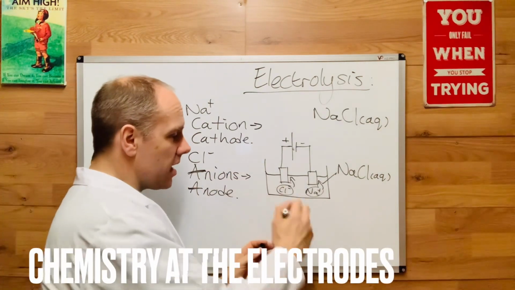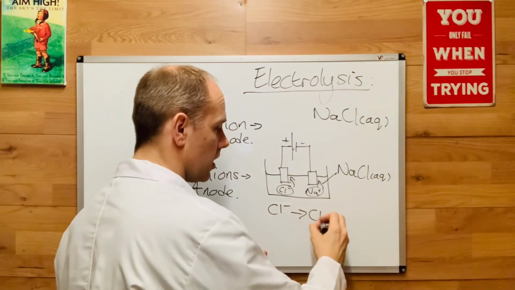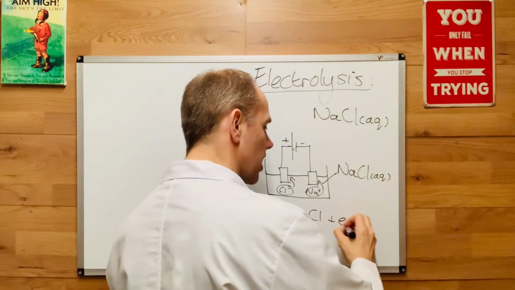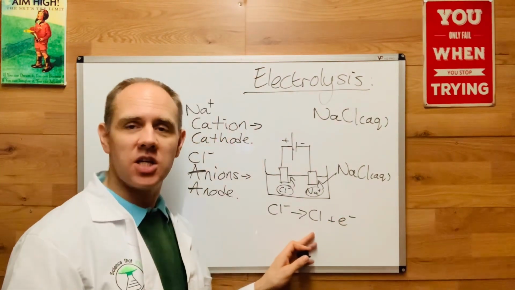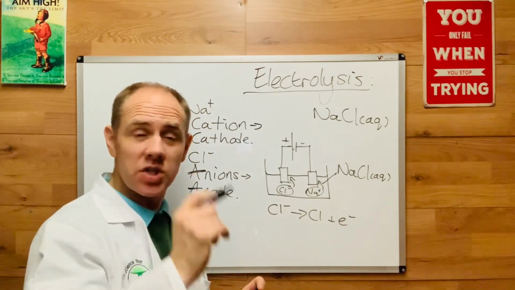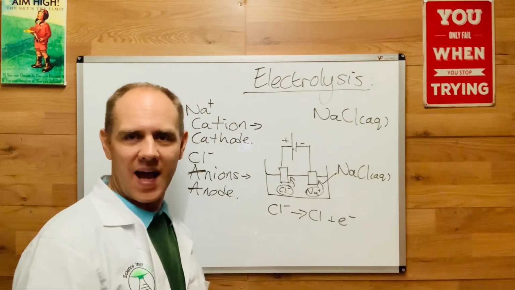Well, here the chlorides are losing electrons. So they form chlorine atoms and they lose an electron. Now, if you're a foundation tier student or combined foundation, you don't really need this very much. You just need to know that the gas that is produced here, in this case, would be chlorine gas.